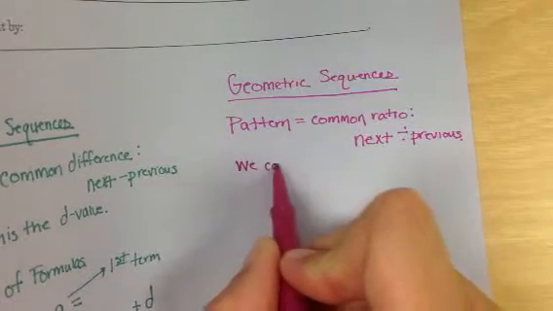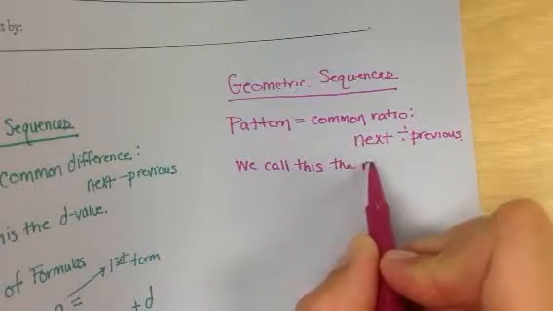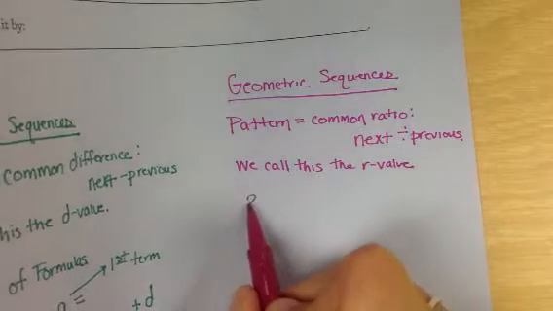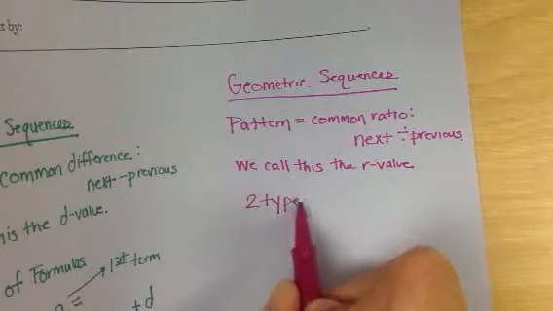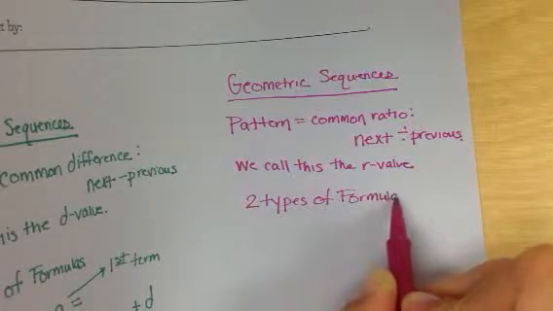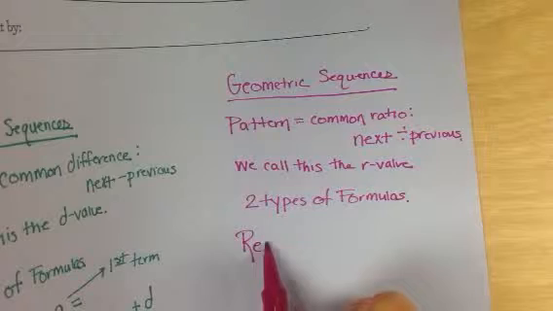We call this the R value. Again, there are two types of formulas. The first is the recursive.